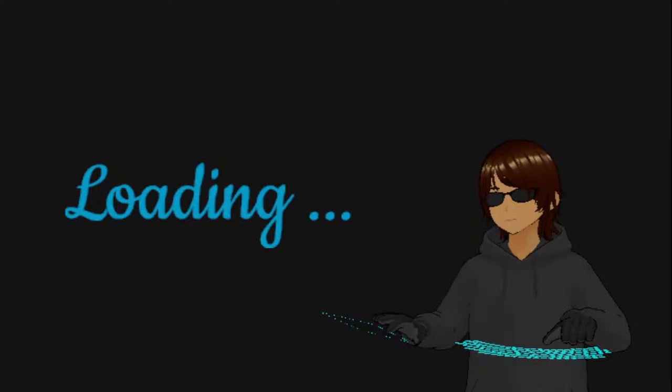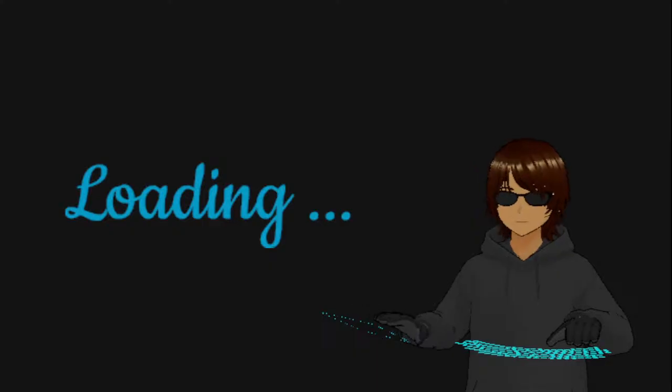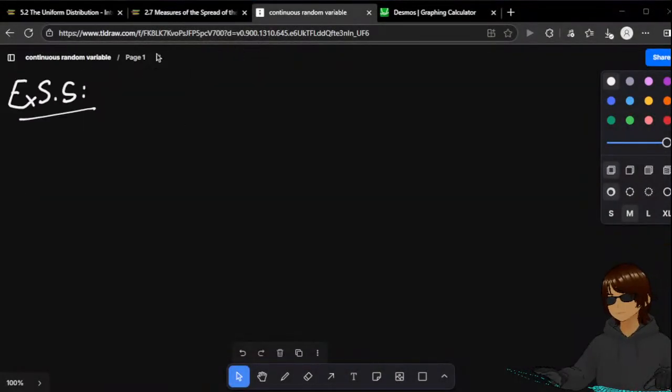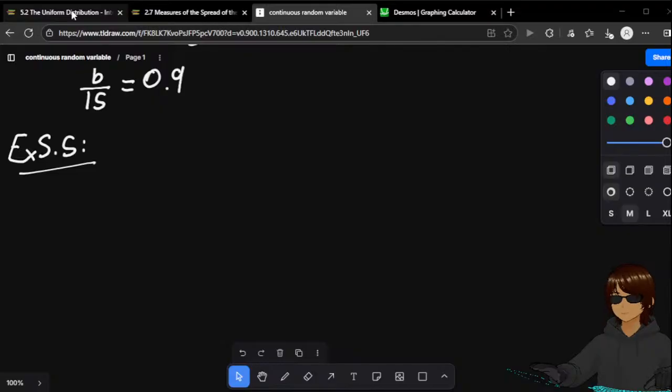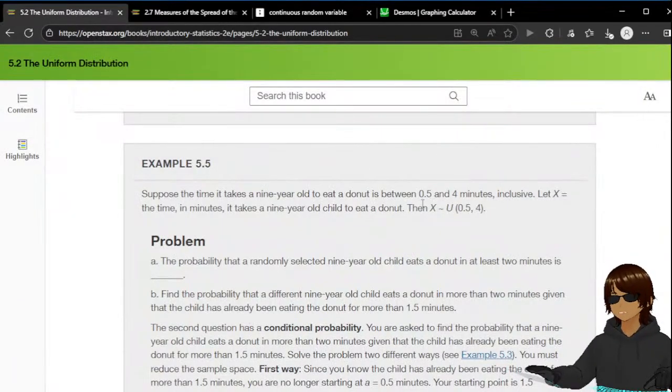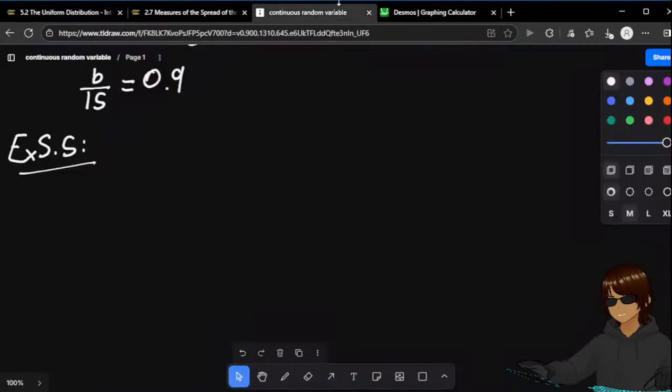Yeah, I will copy some of my exercises. So example 5.5, x is uniformly distributed between, let me draw the line.